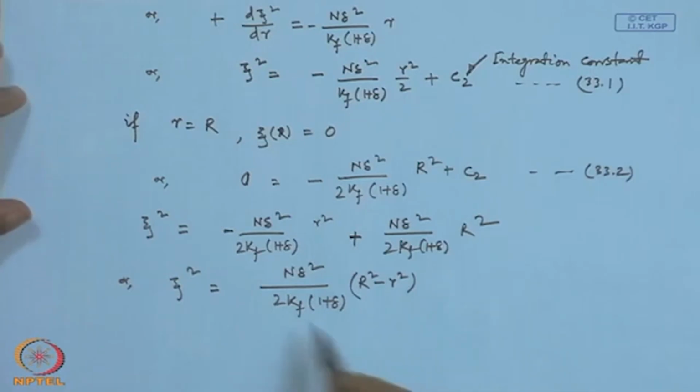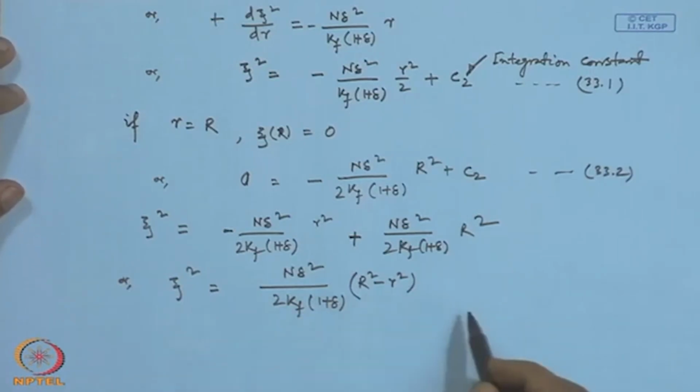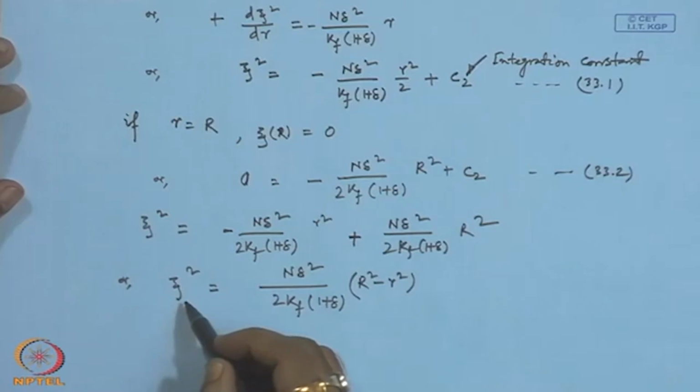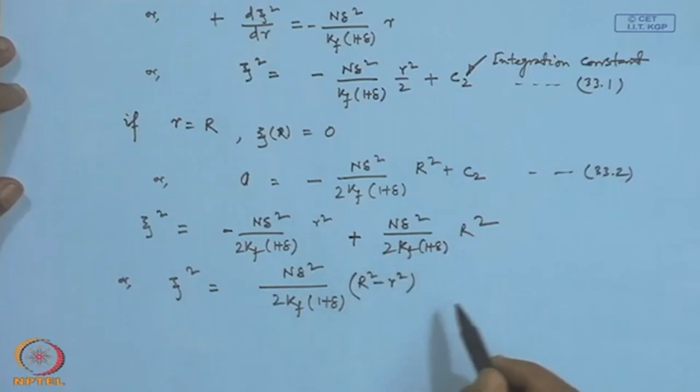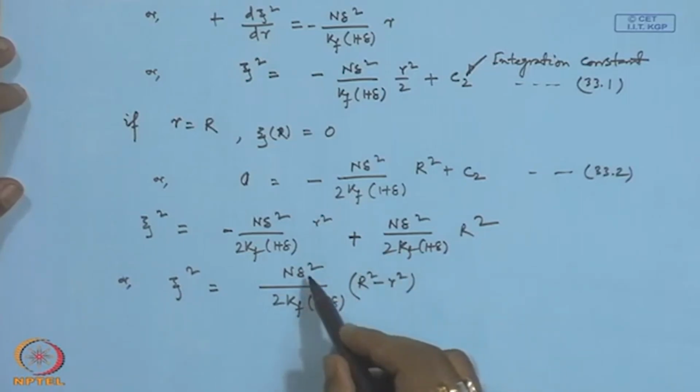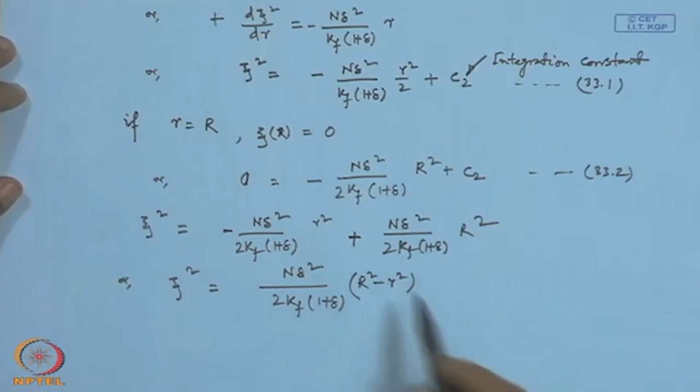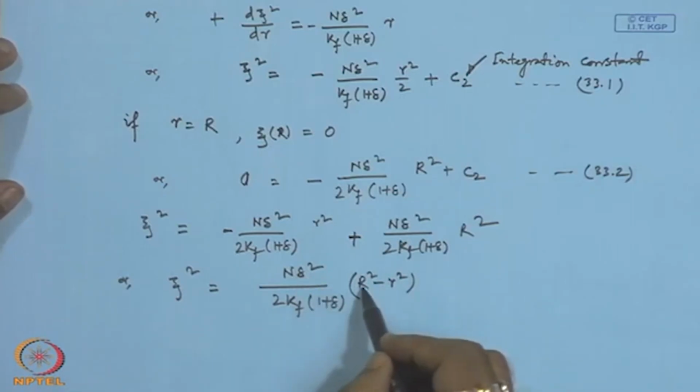So, this shows the relationship between the location of the interface, the recharge rate, and different radii.